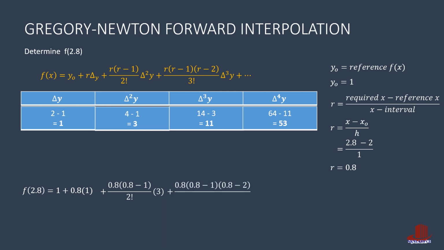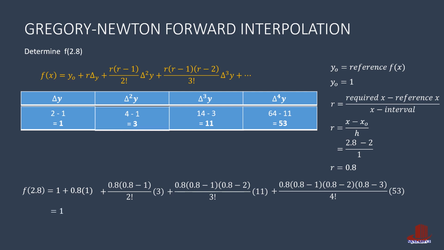Then the following term is 0.8 times 0.8 less 1 by 0.8 less 2 over 3 factorial, and the term is multiplied by 11. For the last term, there are 0.8, 0.8 less 1, 0.8 less 2, and 0.8 less 3 over 4 factorial, and multiplied by 53.